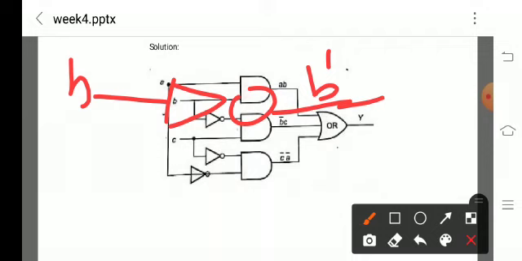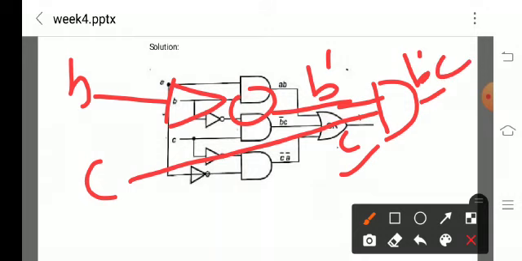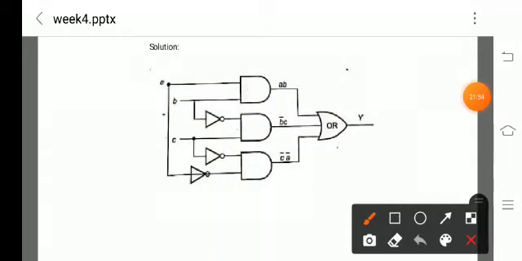Then I take C and give it into the AND gate. So B dash and C are multiplied.